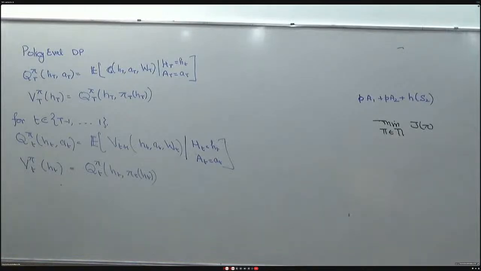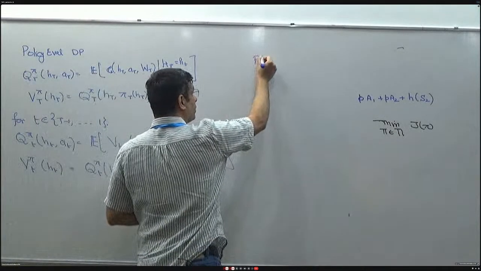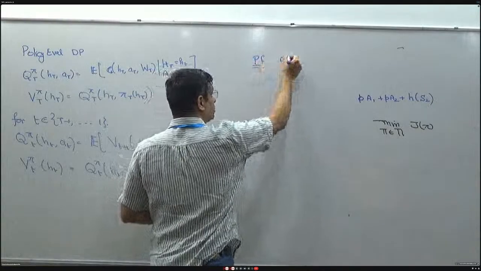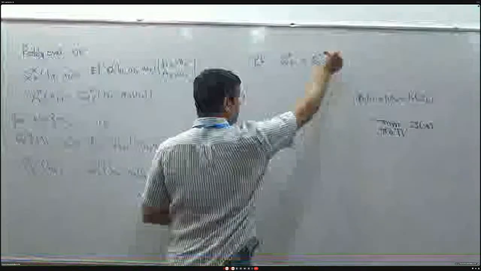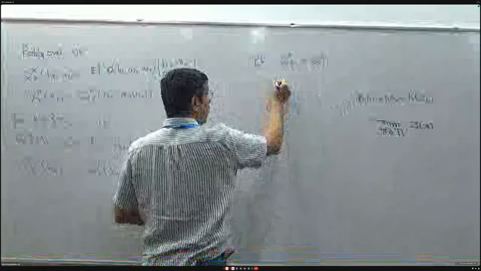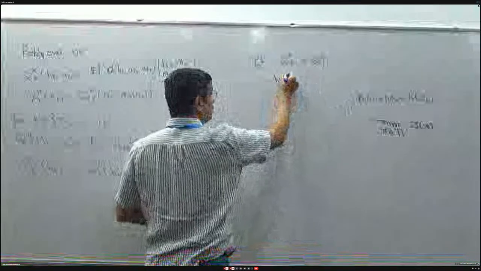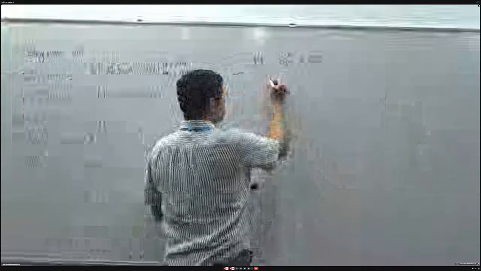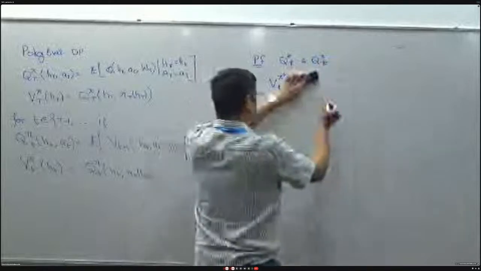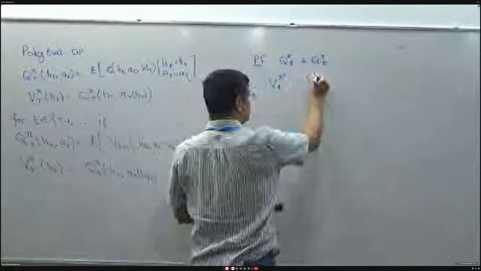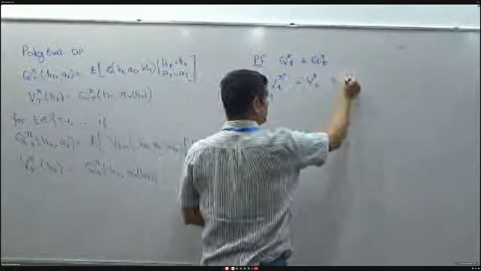So, my proof is just going to be a backward induction proof, which says q star of t is less than or equal to q pi of t, and I mean this pointwise, and this will imply that v pi star of t, so recursively I will show this for all t, is equal to v star of t is less than or equal to v pi of t for all pi.